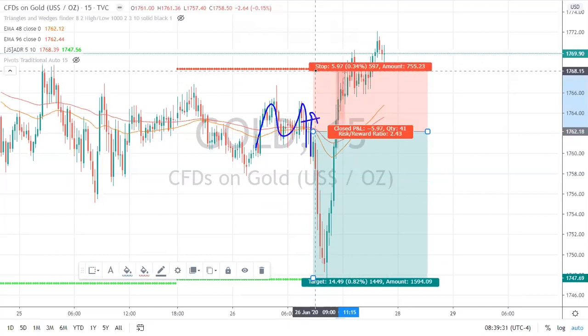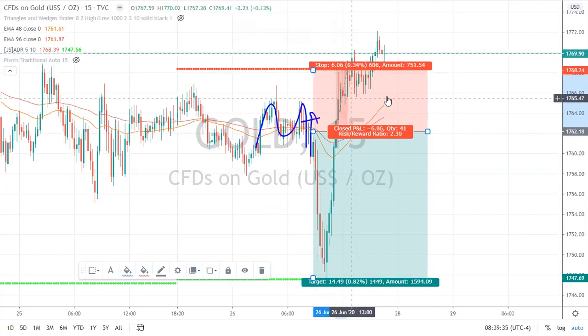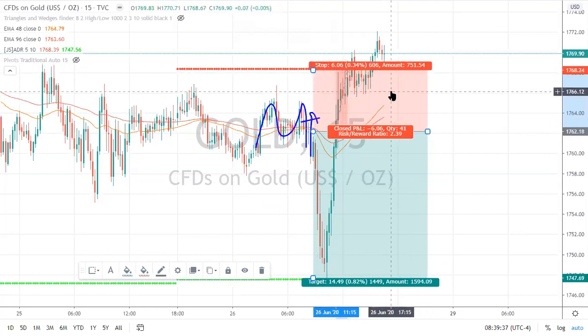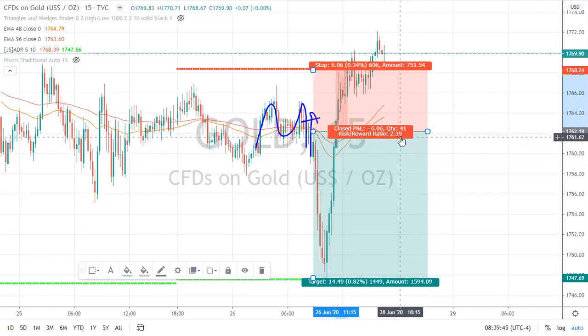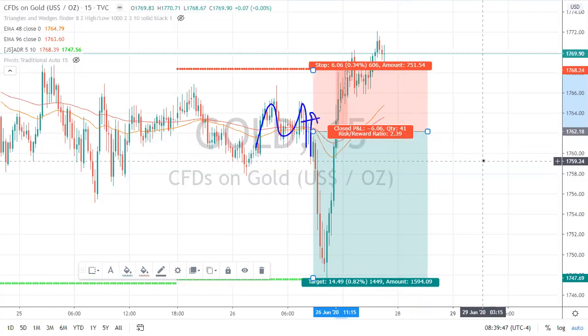Okay, so you can put it here as well. Yeah, ADR high is fine. So with your stop loss and take profit, if you are risking $100, you'll get $200.